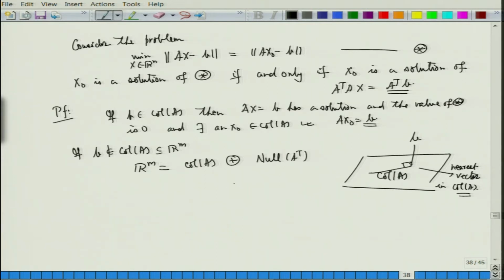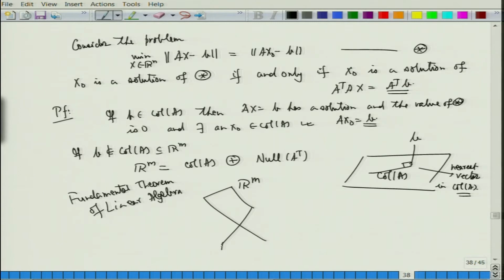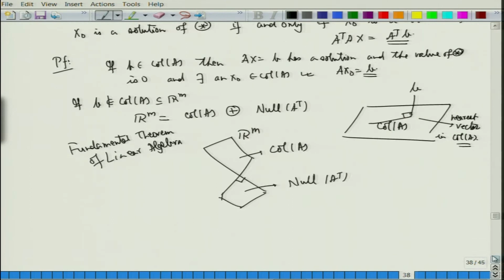Recall the idea that I had Rm here, so fundamental theorem of linear algebra, so I had this line with me, this was 90 degree, this was null space of A transpose I think, and this was the column space of A, fine.